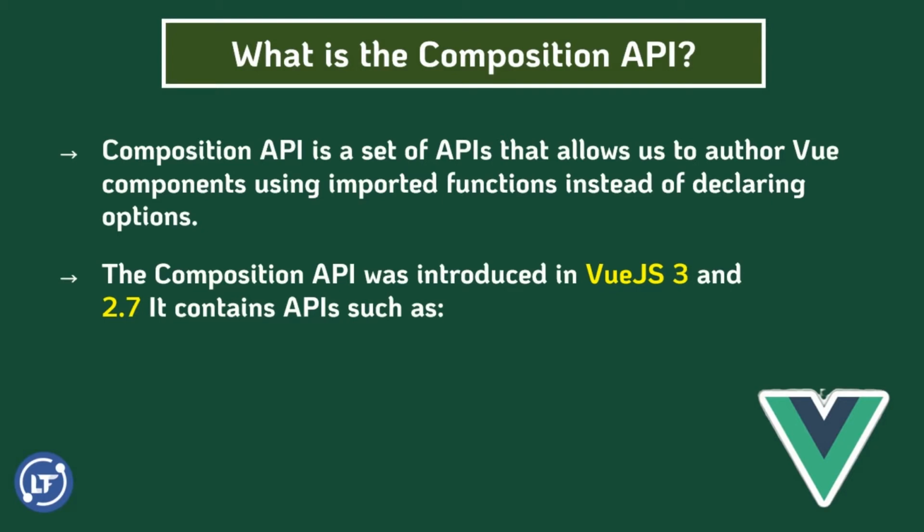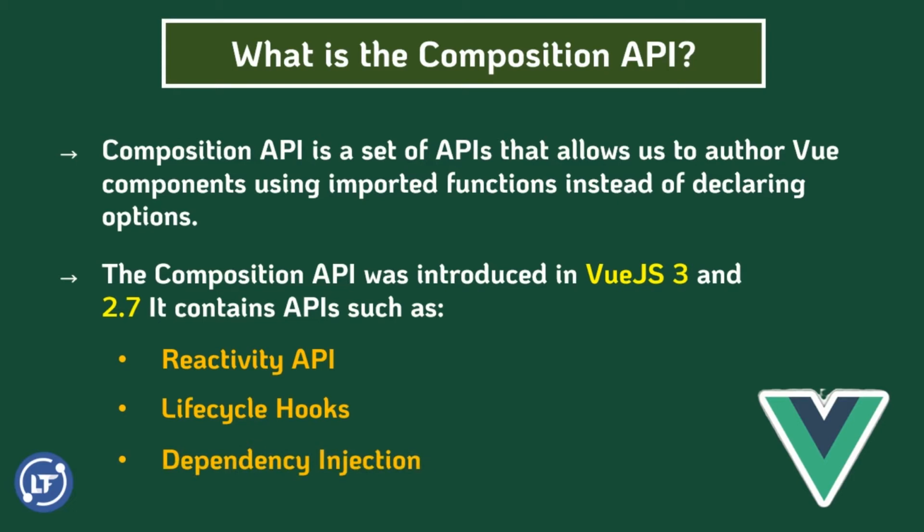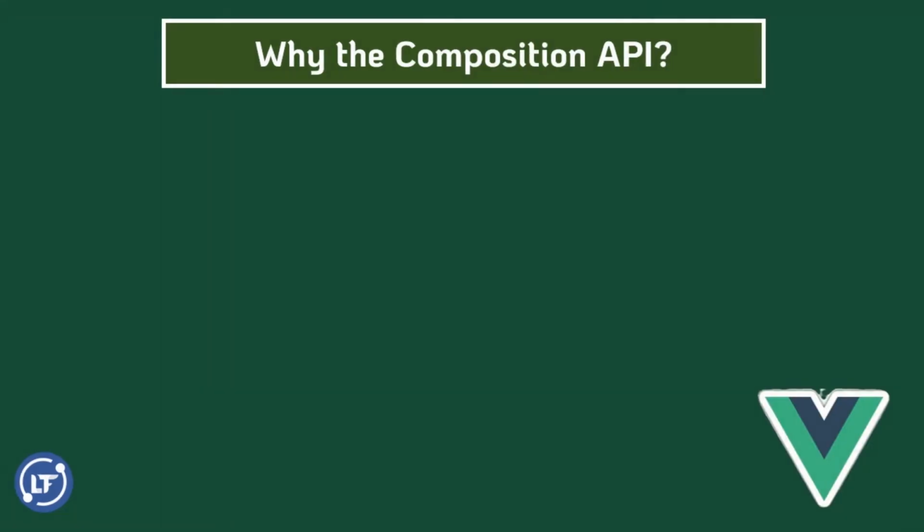So if you're for some reason using any version of Vue older than that, you might not have access to the composition API right out of the box. And the composition API contains APIs such as the reactivity API, the lifecycle hooks, dependency injection, and so on.